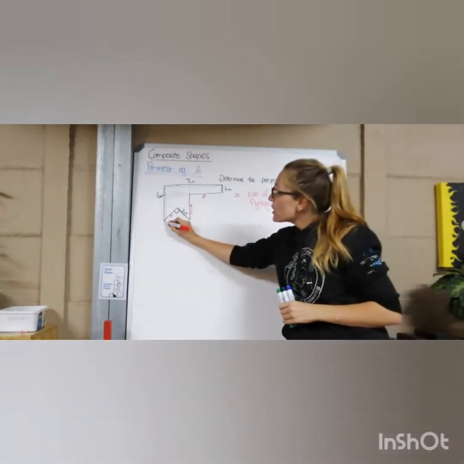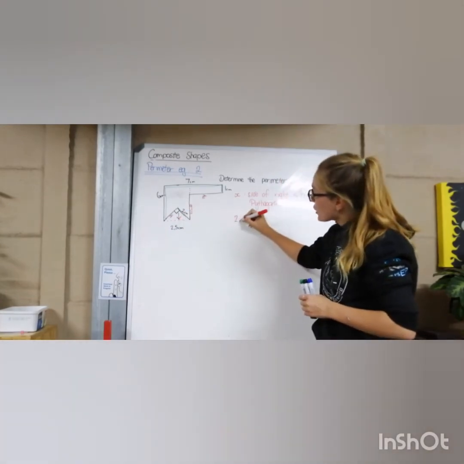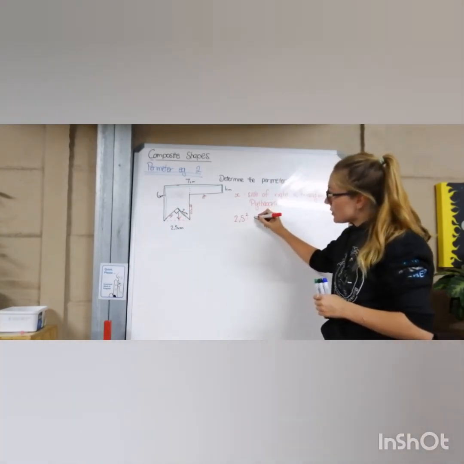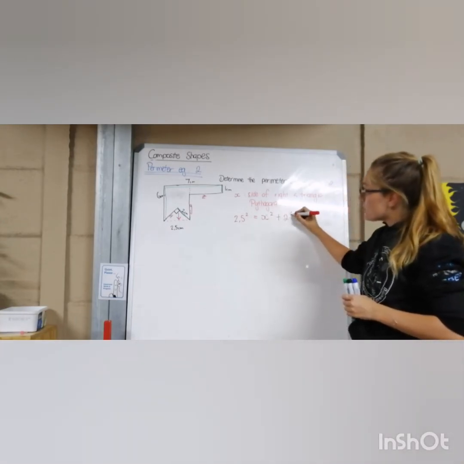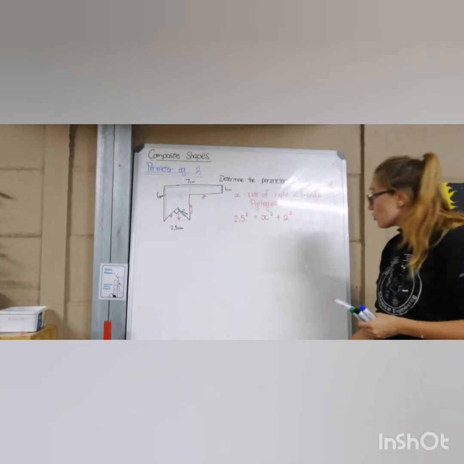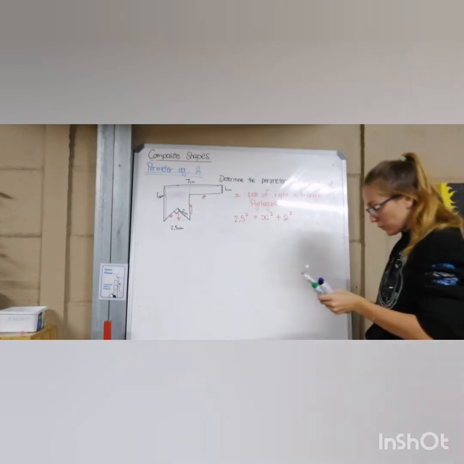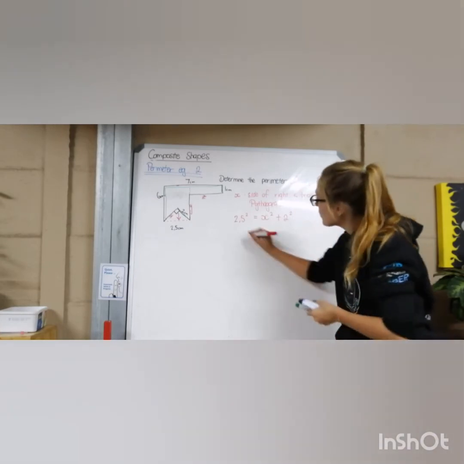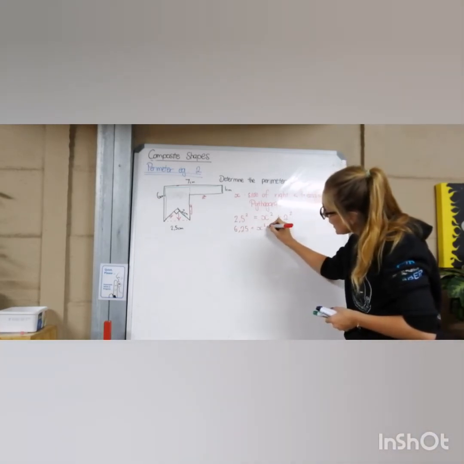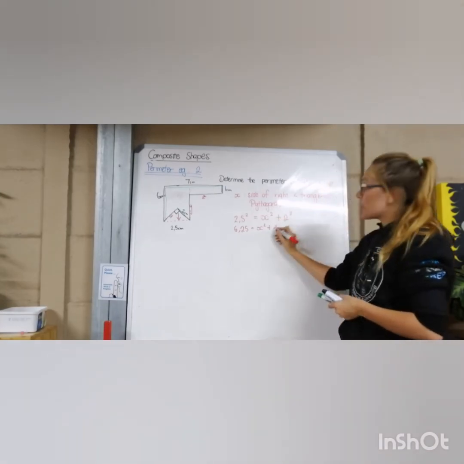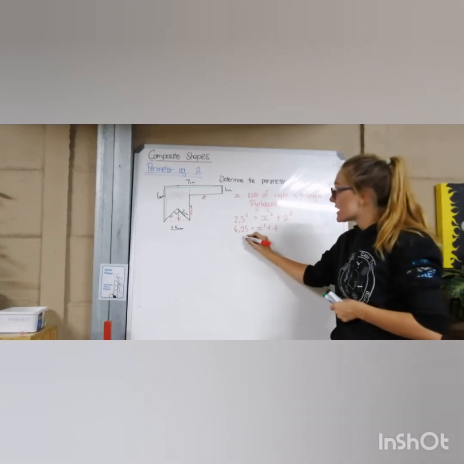My hypotenuse of my triangle here is that 2.5. So we've got 2.5 squared equals our unknown side x squared plus 2 squared. Okay, we do all the squaring we can, so we've got 2.5 squared, we get 6.25 equals x squared plus 4. We're going to now solve this equation, so keep x squared on the right, move our 4 over to the left and subtract.